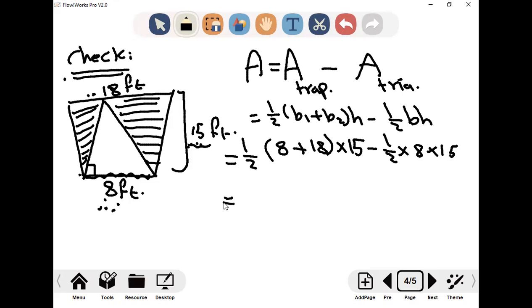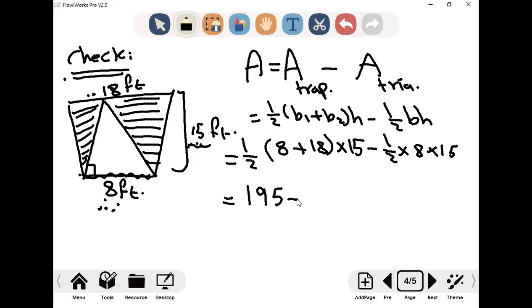Apply. 8 plus 18, 26. Half of 26, 13. Multiply 15. 13 times 15, 195.